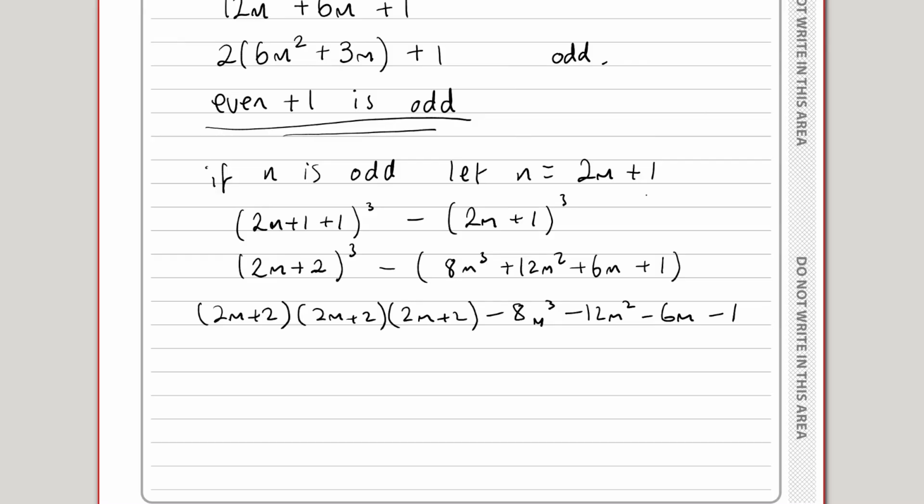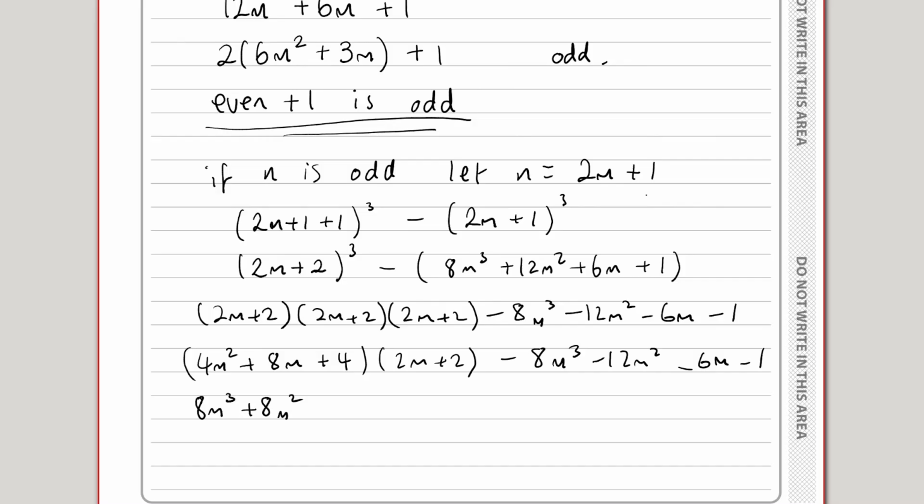So I have 4m² + 4m + 4m + 4, times 2m + 2. And I've multiplied all these by minus 1 in the second bracket to expand that bracket. So 8m³ − 12m² − 6m − 1. And we have here 8m³ plus 8m² plus 16m² plus 16m plus 8m plus 8.